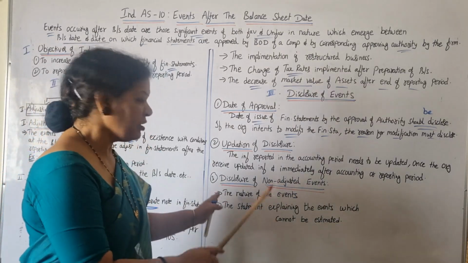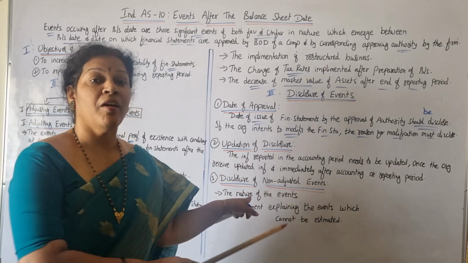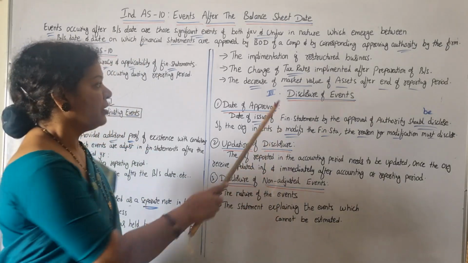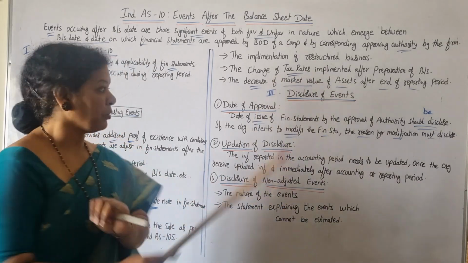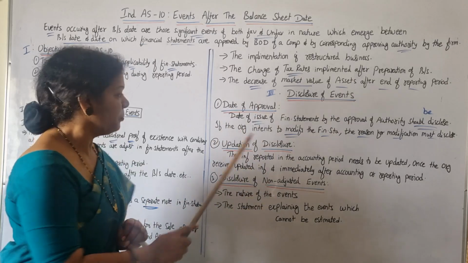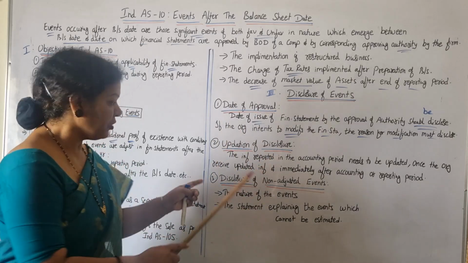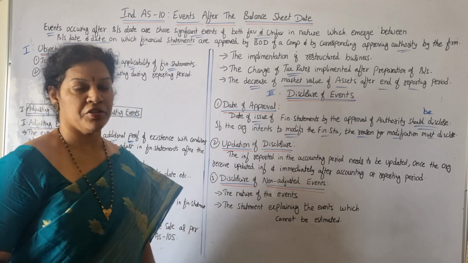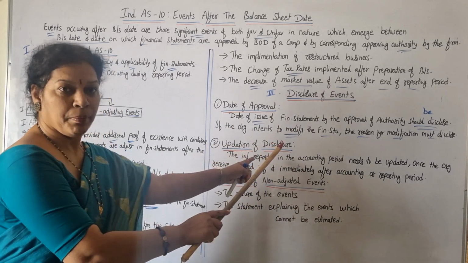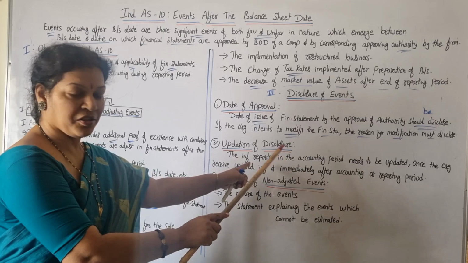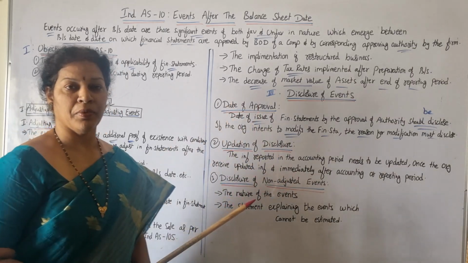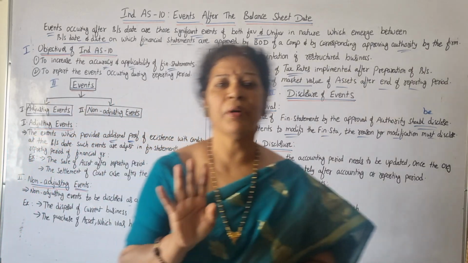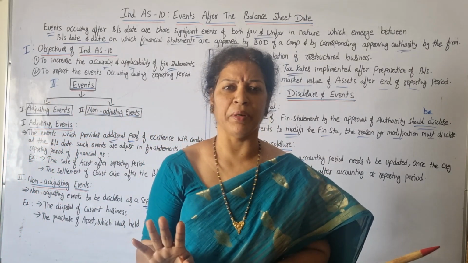So these two things come under the non-adjusted events. Now in this point, disclosure of events, we spoke about 3 points only: date of approval, updation of disclosure, and disclosure of non-adjusted. Okay, very important and easy thing to remember.